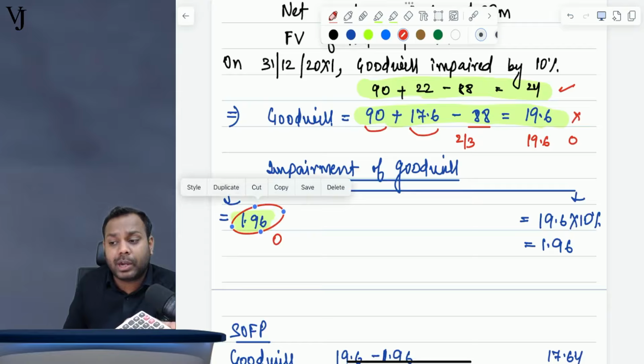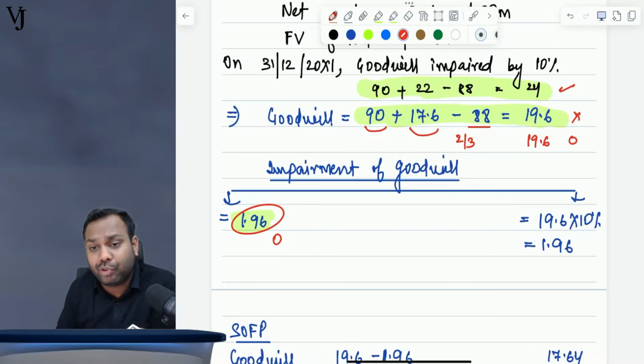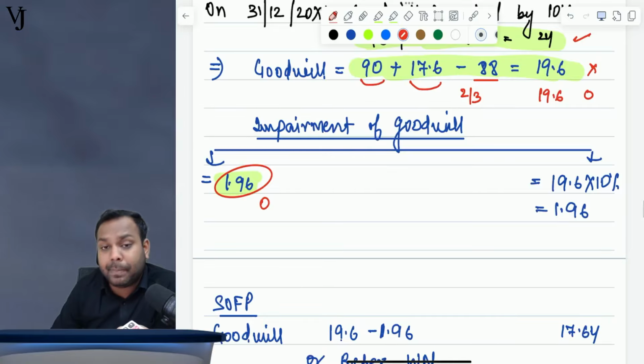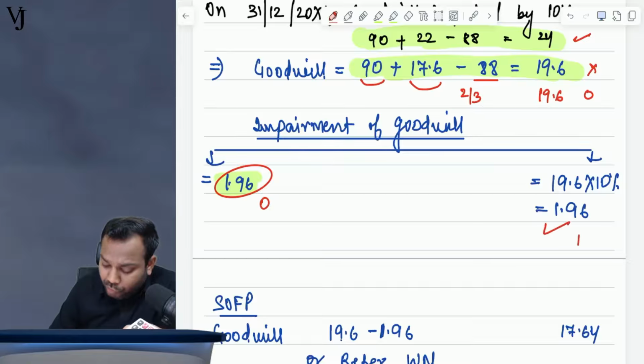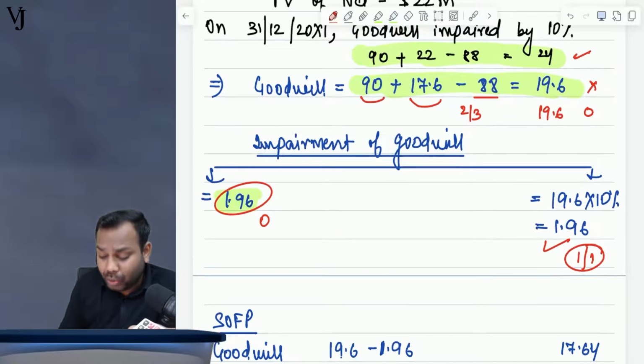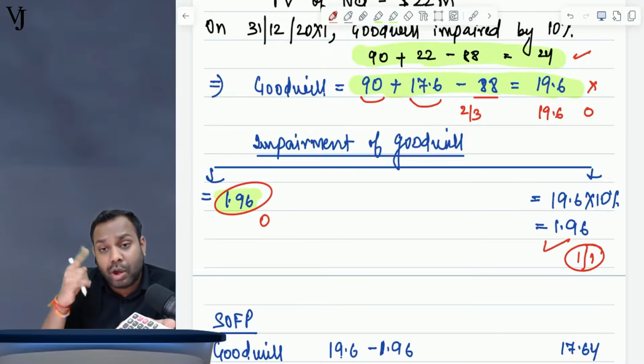But now there is another student who writes here 19.6 multiplied by 10% is equal to 1.96. This student will fetch 1 out of 1 marks. Why? Because the examining team will think, we have already deducted the marks for wrong goodwill.